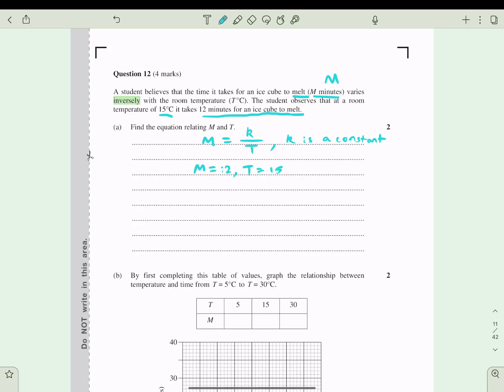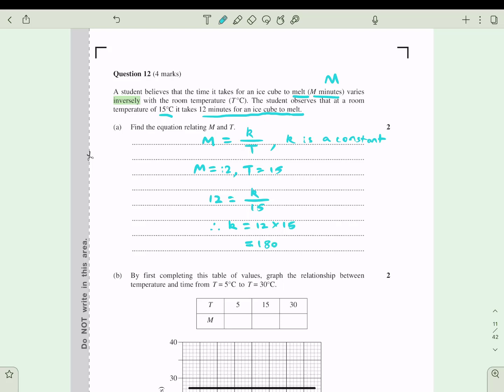Subbing this in, 12 is equal to k over 15. Therefore, k is equal to 12 times 15, which in the calculator should equal 180.